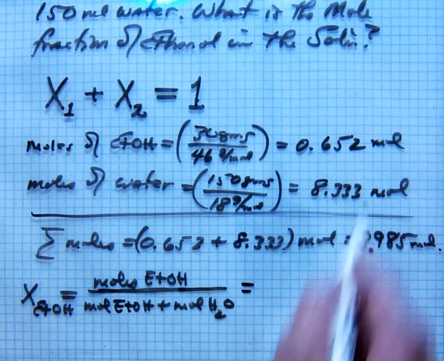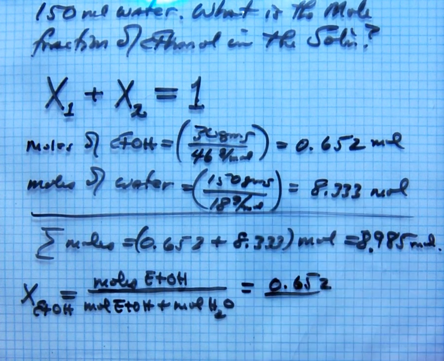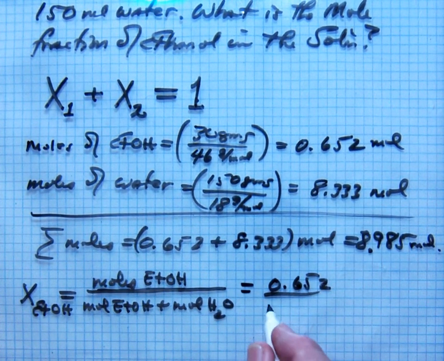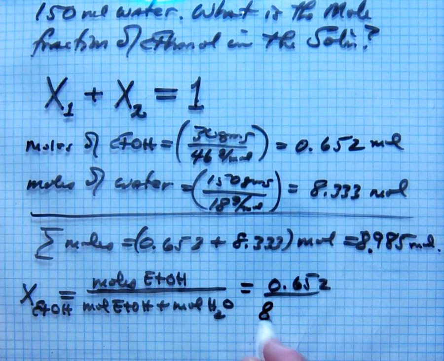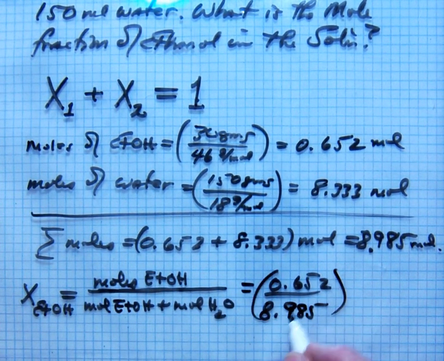And so moles of ethanol is 0.652, moles will cross out of this, divided by 8.985 total moles. Everybody okay on that?